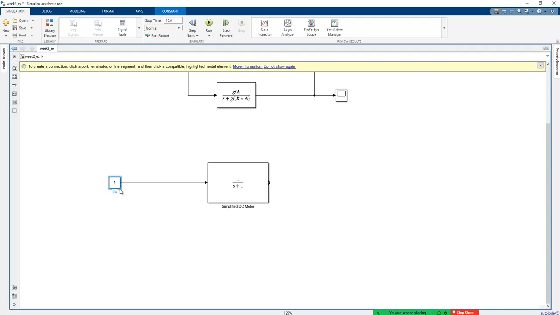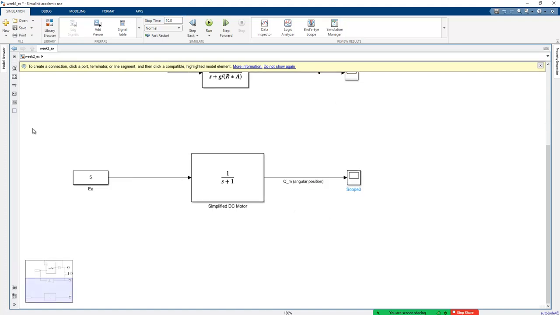Ea can be assigned, and for example, at all times we give 5 volts here. We can measure the output, which is theta m, the position of the motor, but which position? Angular position, right?